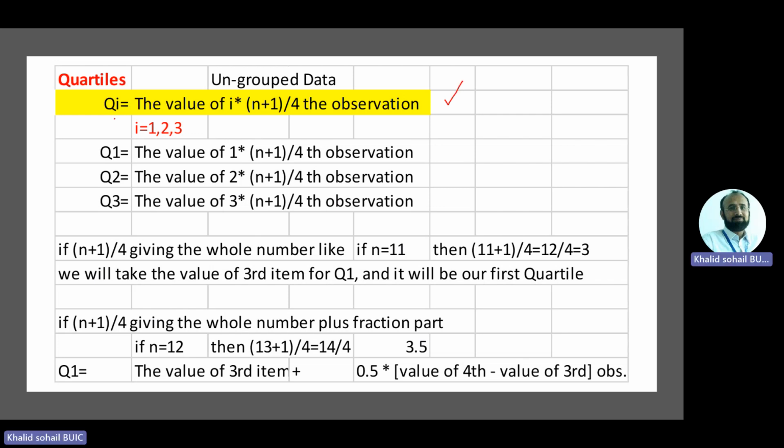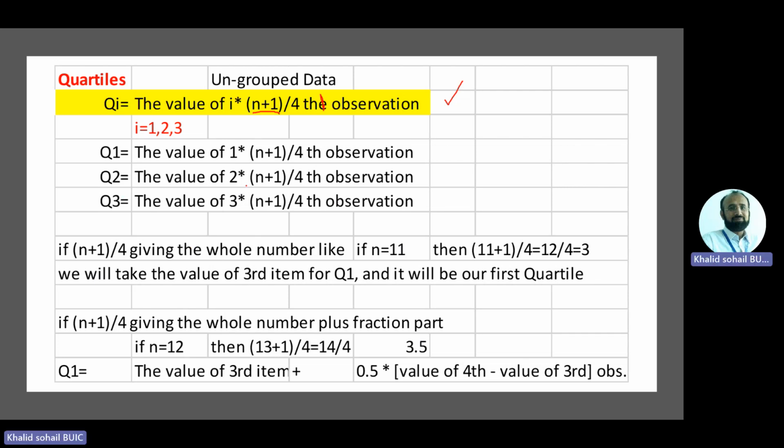This is the general formula: Qi is equal to the value of i multiplied by (n plus 1) divided by 4, observation. So if you put i equal to 1, then Q1 will be the value of 1 multiplied by (n plus 1) divided by 4 observation, and so on.